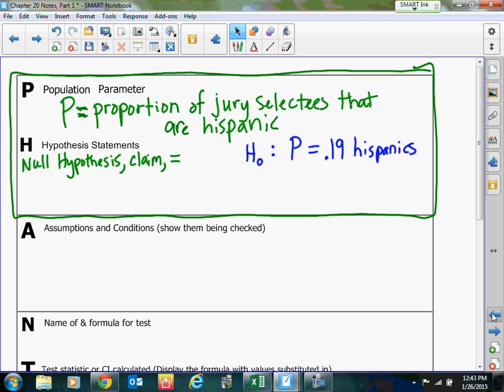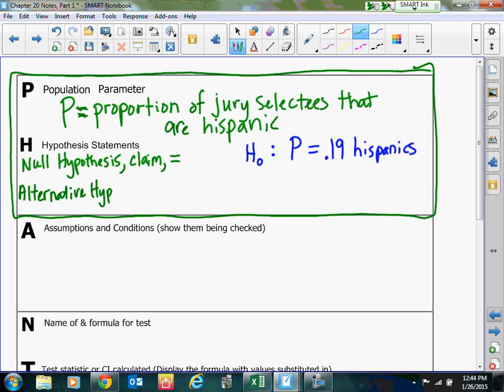The next thing is the alternative hypothesis. If we end up rejecting the null, what do we then conclude? And you get things such as less than, greater than, or not equal to.